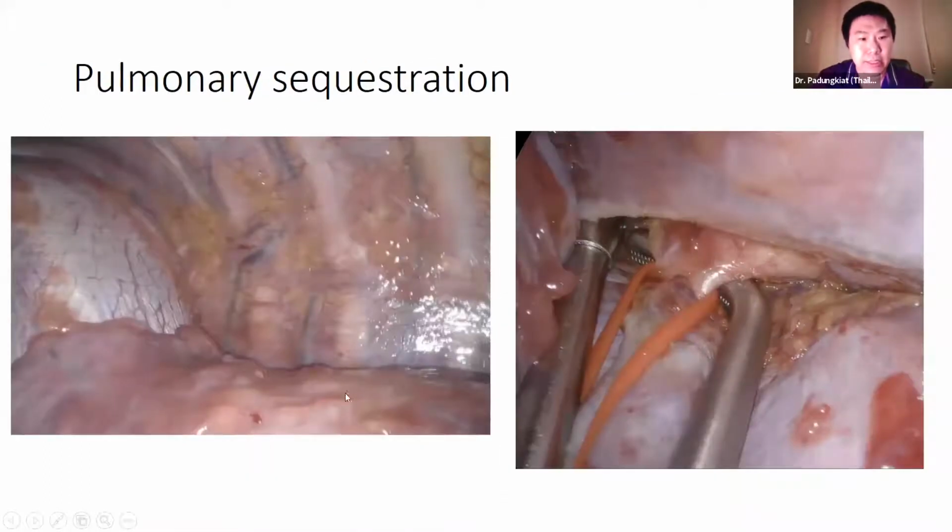And this is how the lung looks for pulmonary sequestration. The lung will be firm even though it's collapsed, with an irregular surface, and you have to find the feeding artery and just cut it, and I did a wedge resection on the bad lung.